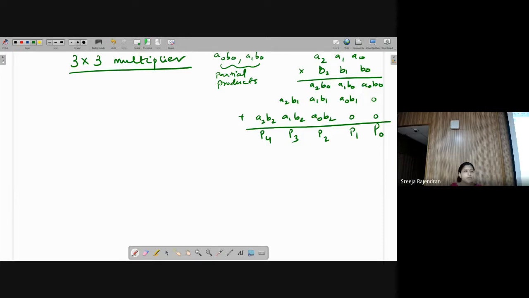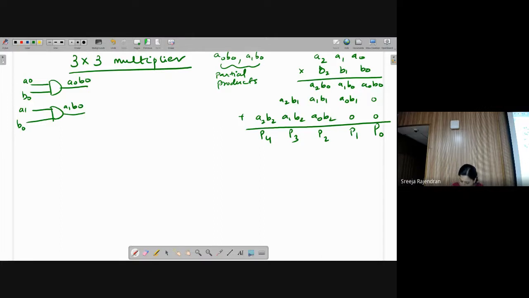I have to use an AND gate, right? So A0 and B0 is given as input, I get A0B0. If I give A1 and B0, I get A1B0. In this way, all the partial products can be generated in one go, simultaneously.